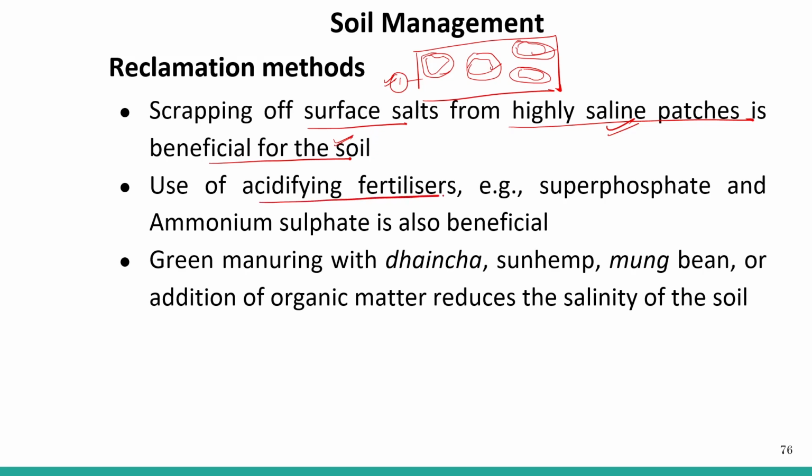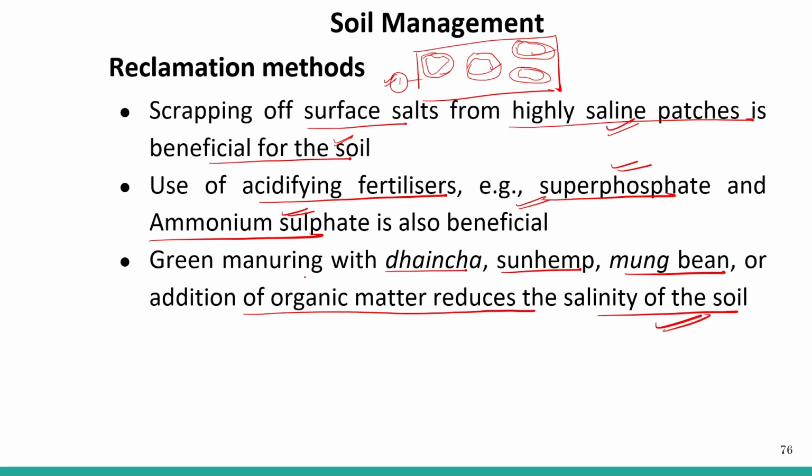Use of acidifying fertilizer. We can use superphosphates and ammonium sulfate to minimize the salt content of the soil, right? So this is one of the ways to minimize the salt content. Green manuring, that is dhencha, sunhemp, mung bean, or the addition of organic matter reduces the salinity of the soil.